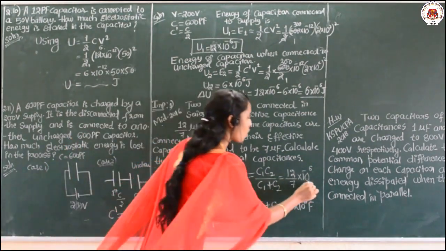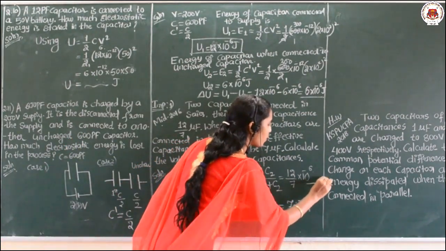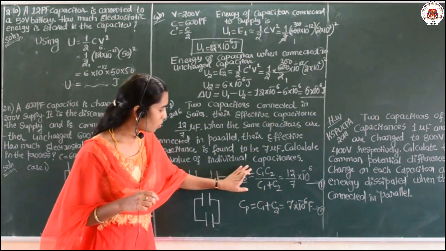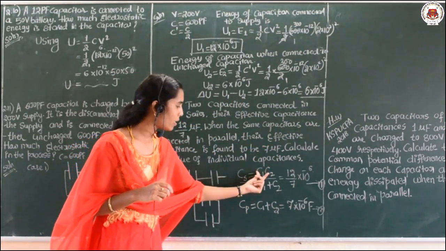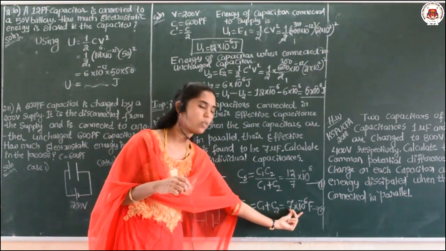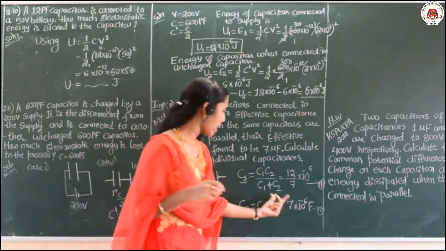Clear? If you want, call this equation number 1 and that equation number 2. Now, in equation 1 where C1 plus C2 is there, you can substitute the value and simplify.